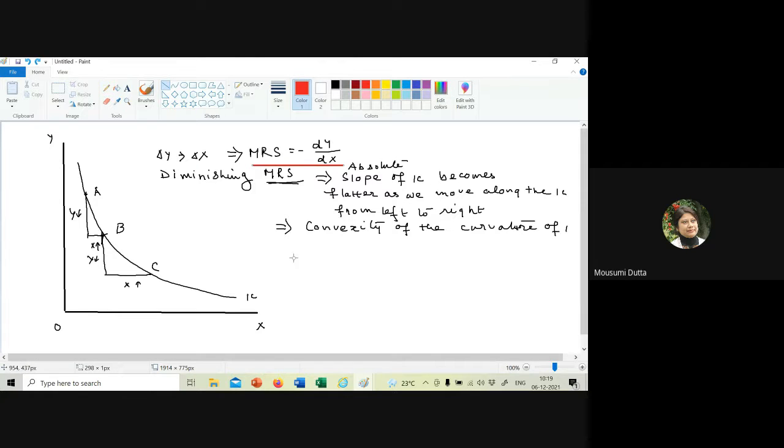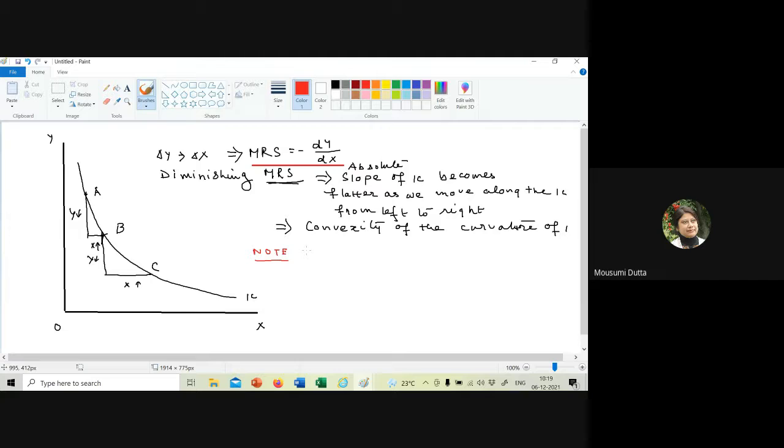I can consider this as a note because we already did this in the last class. I want to show MRS is equal to minus dy by dx, or talk about the slope of the indifference curve, and how we get it.